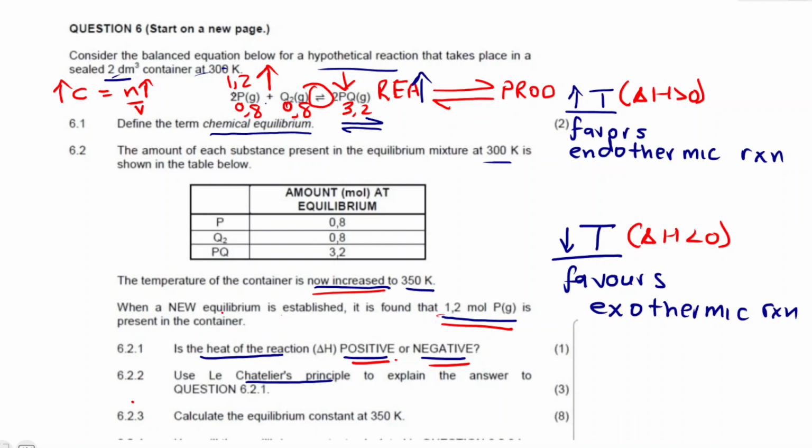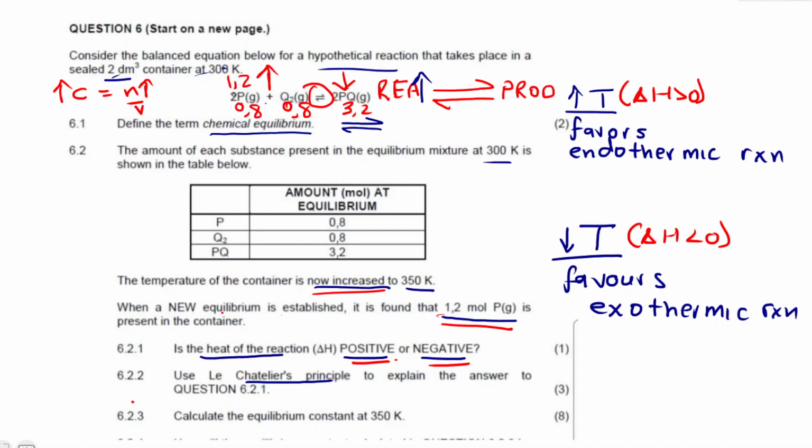If the products were increasing, we were going to say it is endothermic. But in this case, the endothermic is the reactants. So this reaction is exothermic, because delta H is on the negative side, on the left hand side, which is the side of the reactants. So we are choosing that delta H is negative.